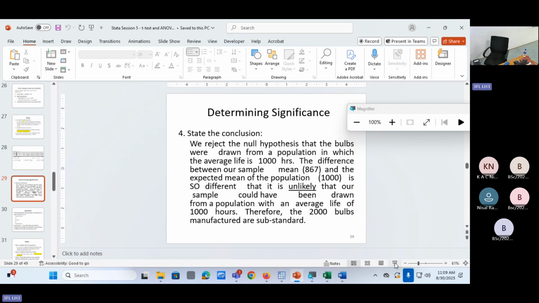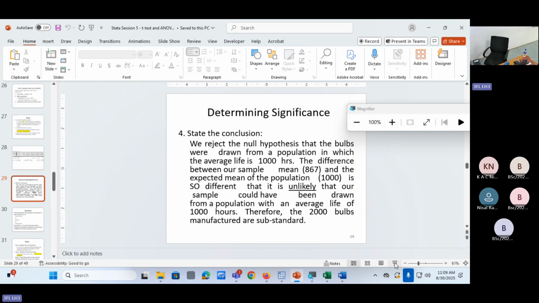What's the other way you can say the same thing? You can say that this sample couldn't have come from a population where the burning time is 1,000 hours. There is a significant difference.